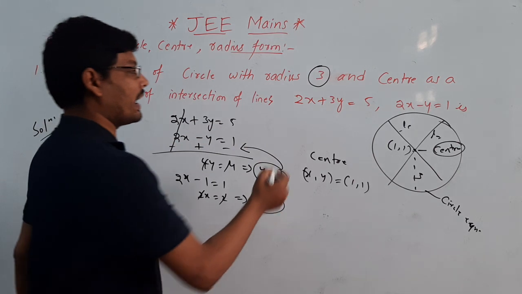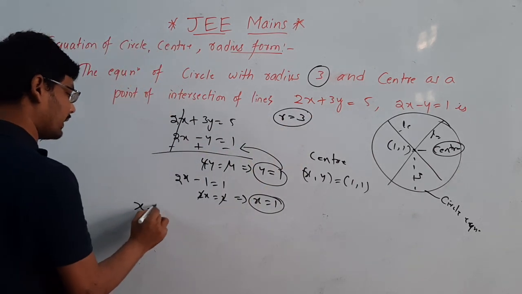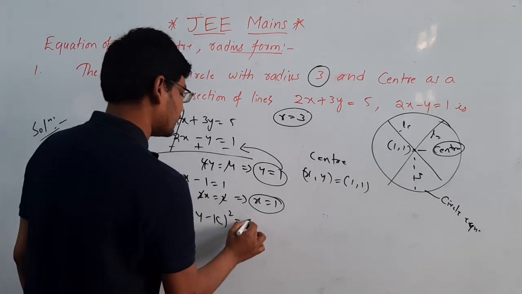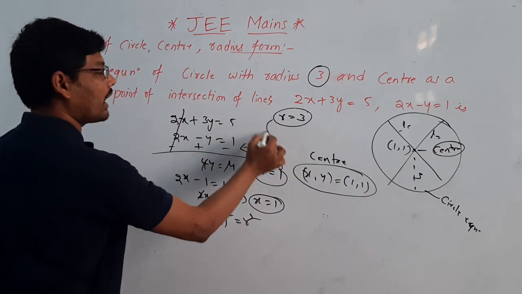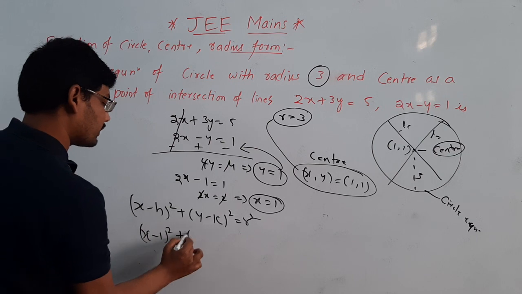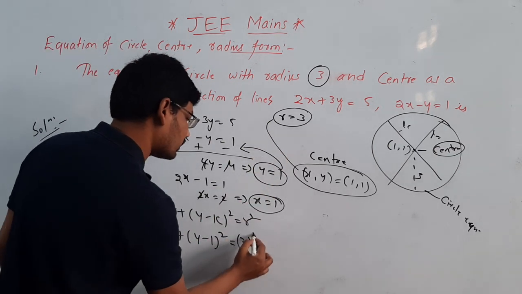Already we have radius r is equal to 3. Let the circle equation be x minus h whole square plus y minus k whole square is equal to r square. Let's substitute these x, y and r values in this expression: x minus 1 whole square plus y minus 1 whole square is equal to 3 whole square.